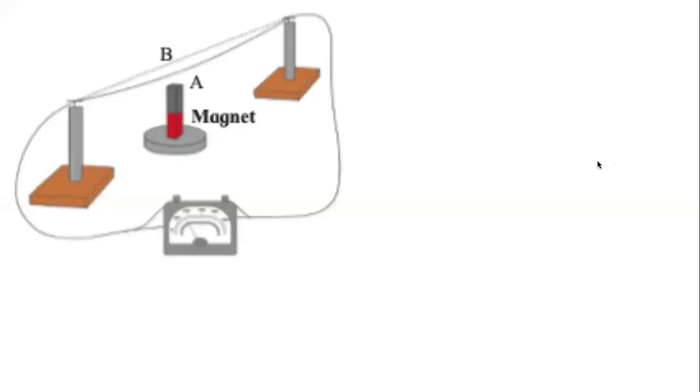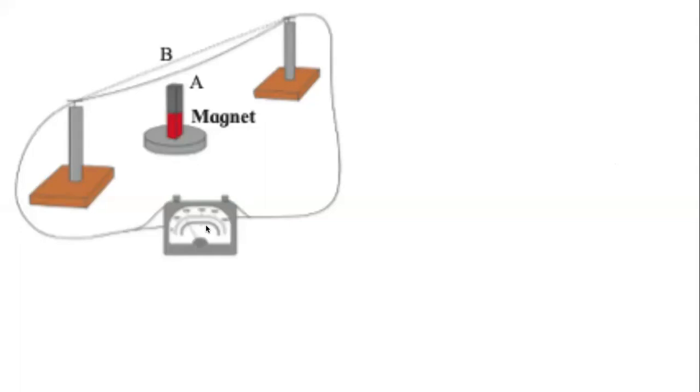This is an experiment that we studied when we looked at effects of electric current. We stretched a piece of wire, a conductor, onto stands, and we connected the ends of the wire to a galvanometer. The instrument that you see is the galvanometer. And we had a magnet.